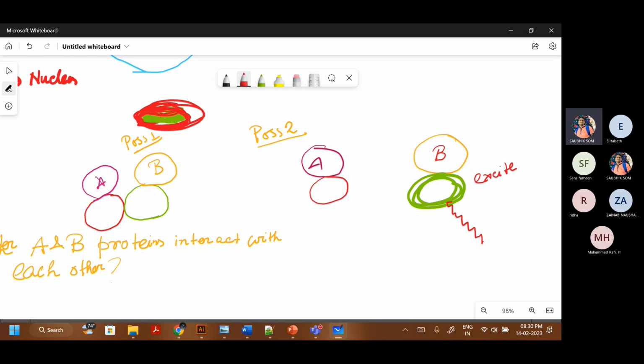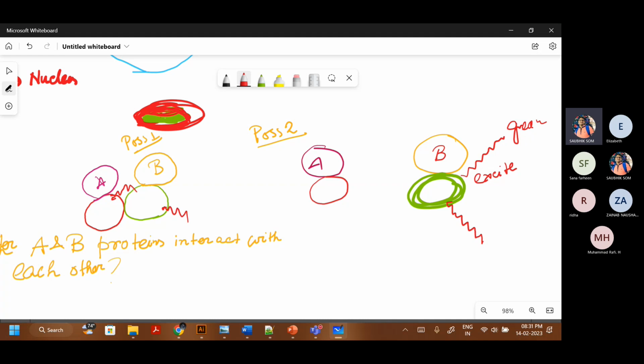only GFP, then it will emit in, say, the green range. But if they're very close to each other, in the few nanometer range, then when I am exciting this protein, this emission itself can excite this red protein.